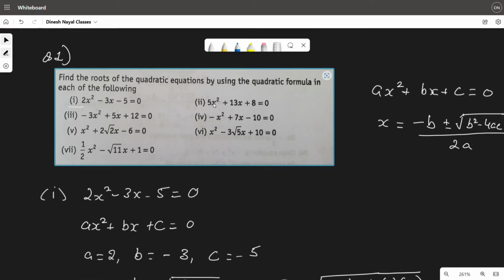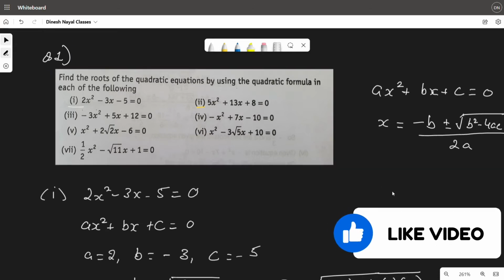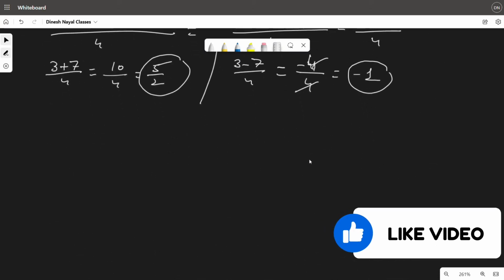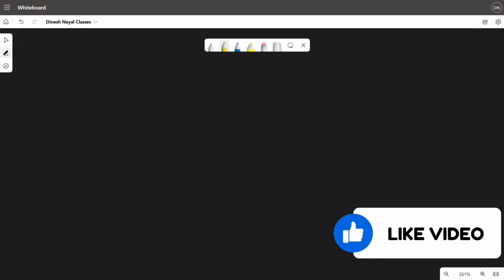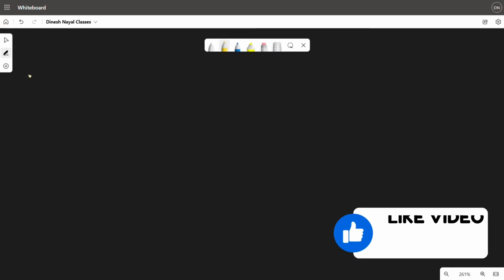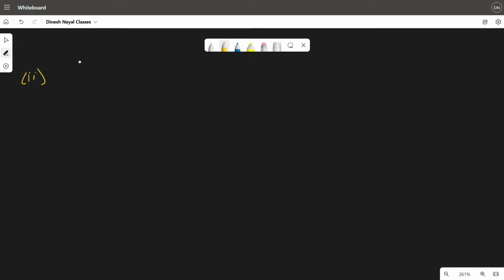Now the next question. Question 2, second part, is 5x square plus 13x plus 8 equals 0. Now writing it over here. So question 2 is 5x square plus 13x plus 8 equals 0.